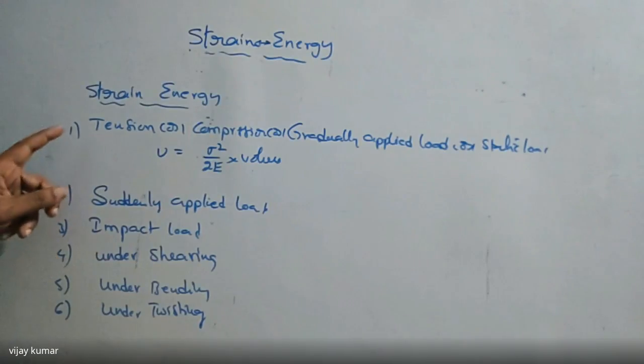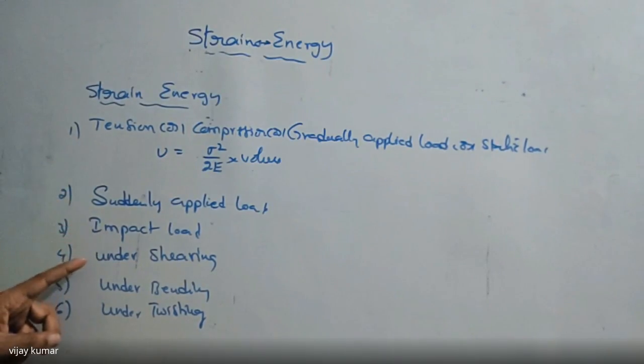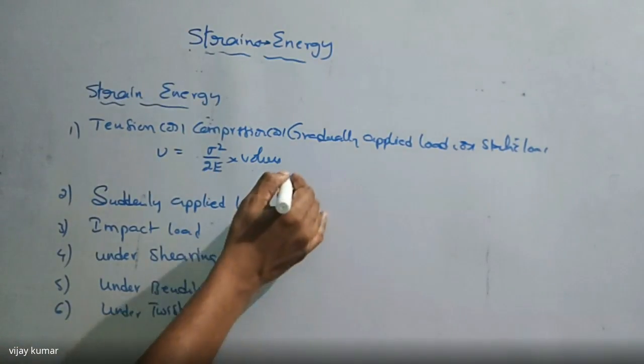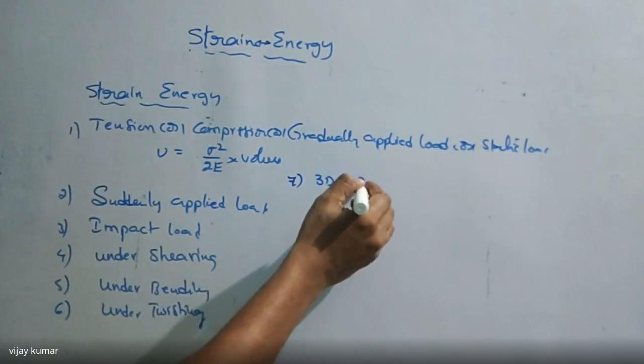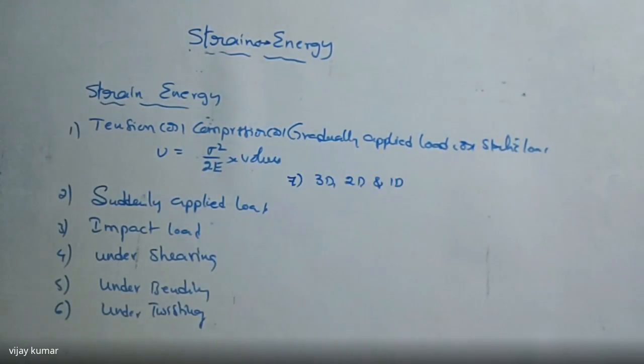And the last one is strain energy under three-dimensional, two-dimensional, and one-dimensional stress. So these are the different types of cases of strain energy: strain energy under static load, suddenly applied load, impact load, under shearing, under bending, under twisting.